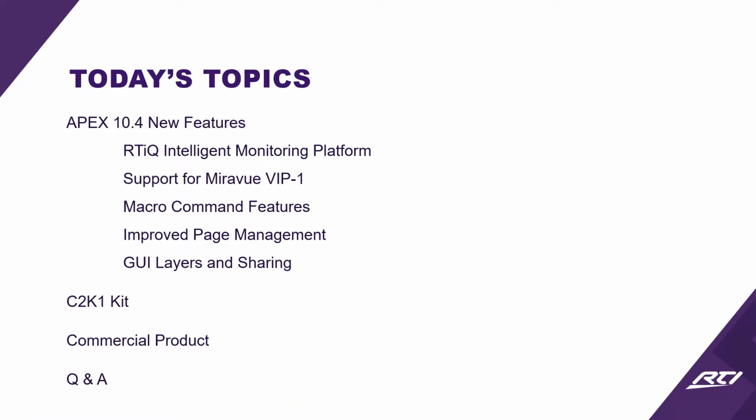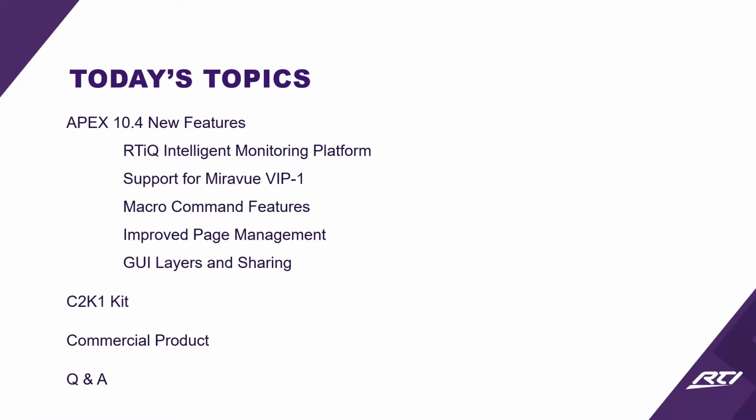Next, we have some macro command features, some requests that we've been getting over the years that we can now finally implement within Apex that might have been difficult at best on the ID side. So I'll show you those briefly. And then the last two things, which are the biggest part of our presentation today, are improved page management and layers and sharing.